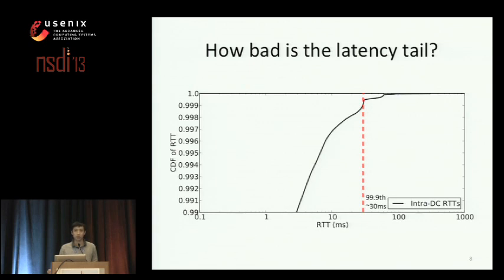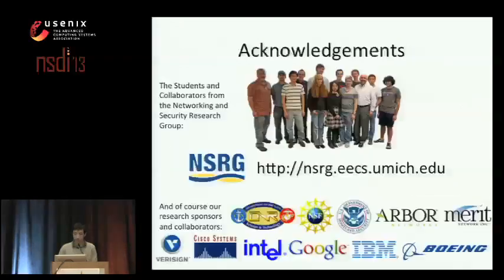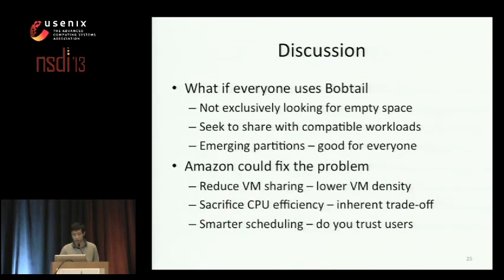Wouldn't you be able to solve this problem in the first place? Yes. In our last slides we showed that if you can reduce the VM density per core, say only run 1 VM per core, it effectively means there's no sharing on any core. You share hardware, but you don't share any core, then there's no problem.